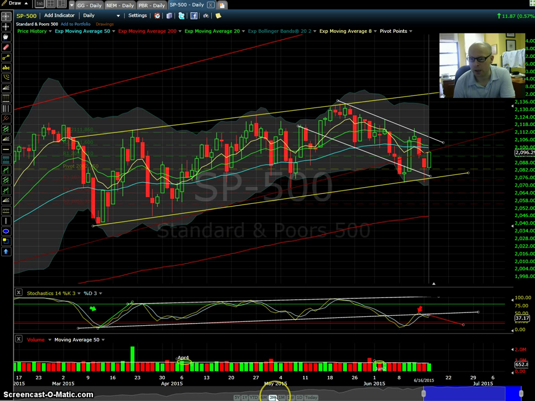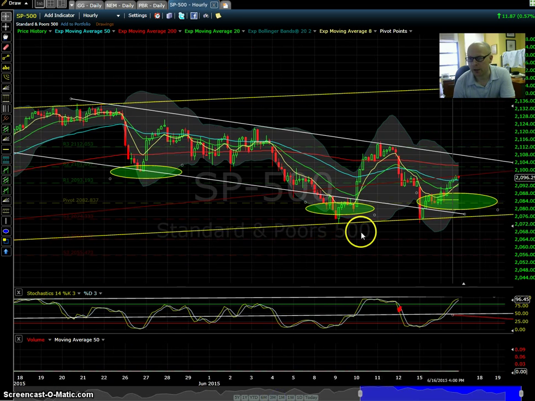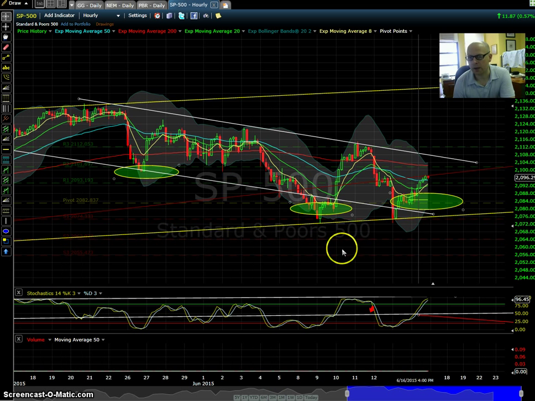When you look at the 1 hour chart, you see I painted these 3 points here, slanted, in an inverted head and shoulders pattern, which is bullish, but I'm not sure if it's going to play out. As you see, the 1 hour stochastic is overbought, so I'm expecting that.